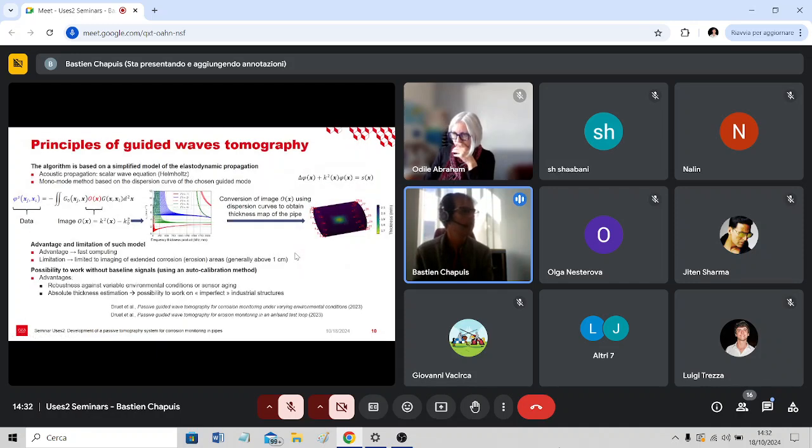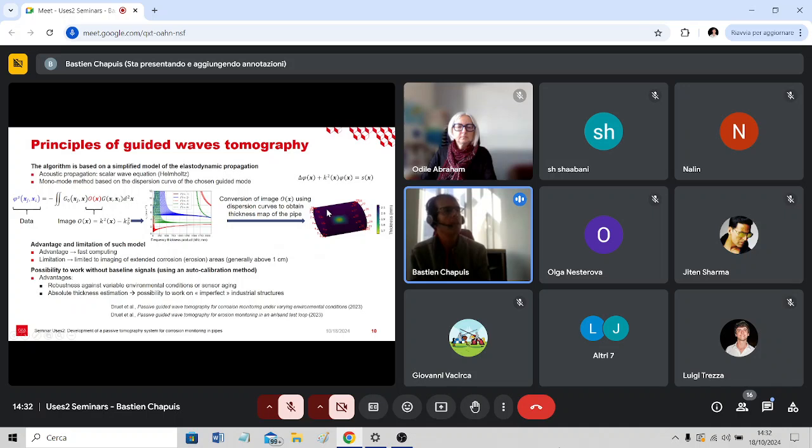If I come back here, we have produced images on pipe where there were pipes that were outside, so there was sun, and with the sun, the top of the pipe is hotter than the bottom part, and we can partially compensate this effect, and we see some very good images also with this type of check.